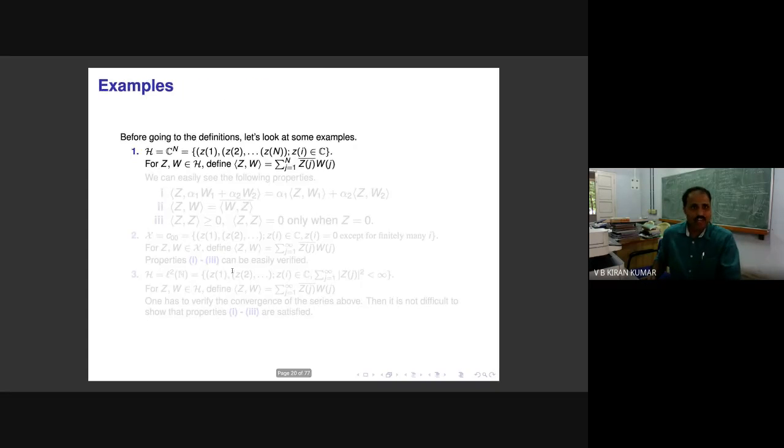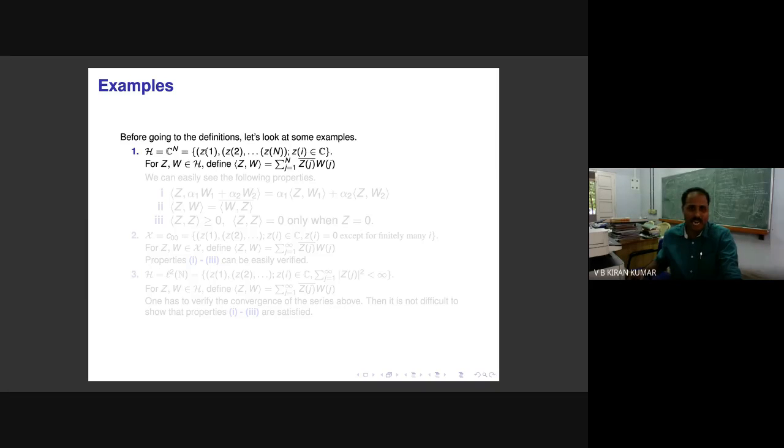Okay. Now, before going to the formal definition, let me discuss some examples. Our first example is H equal to Cn. So Cn means you collect all n-tuples of complex numbers z1 up to zn, with zi belonging to C. And you know that it is a vector space with the usual vector addition, I mean, component-wise addition and scalar multiplication.